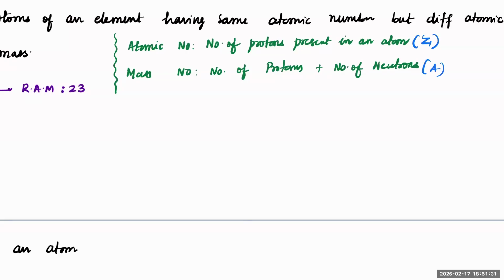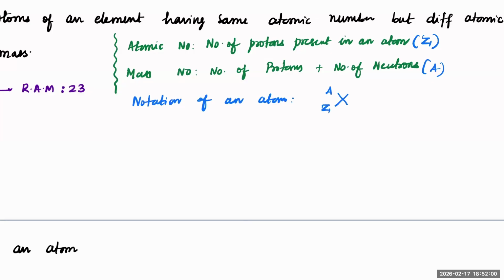And to understand that easily, we define something called the notation of an atom. So if X is the element of any atom, then we write this with A and Z, like this.